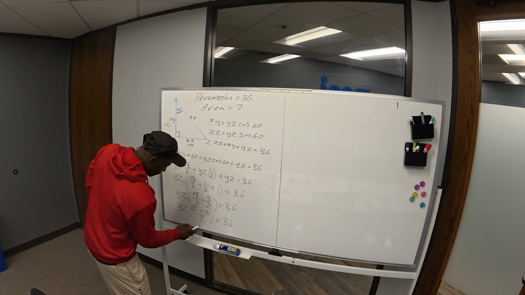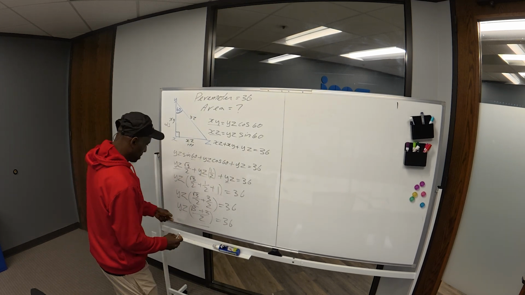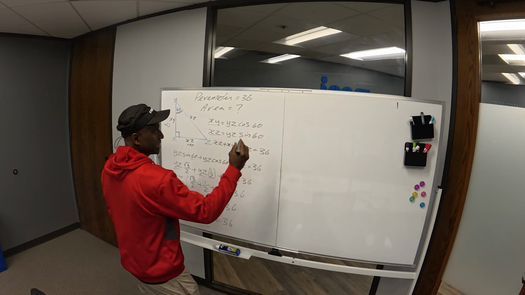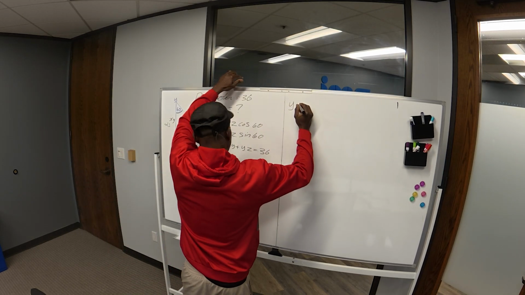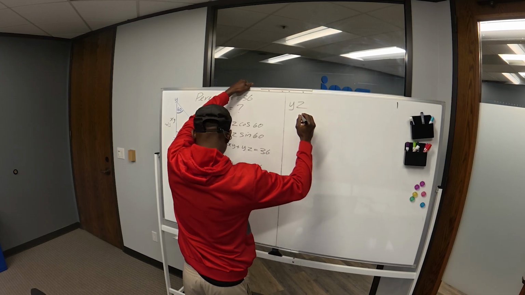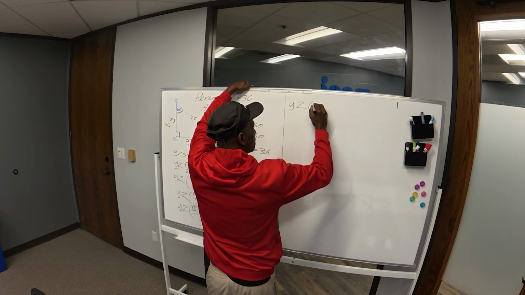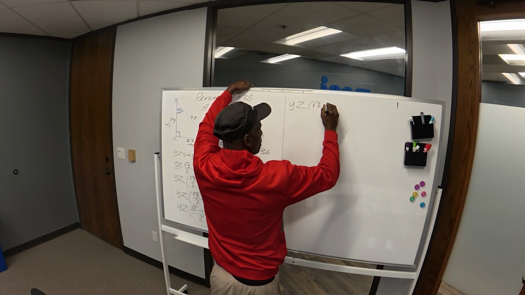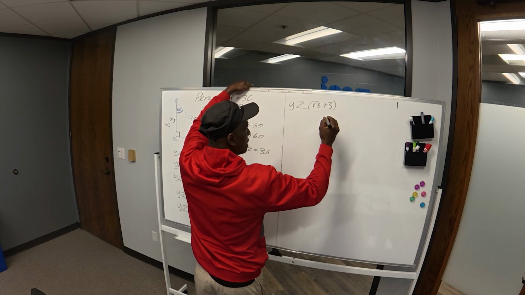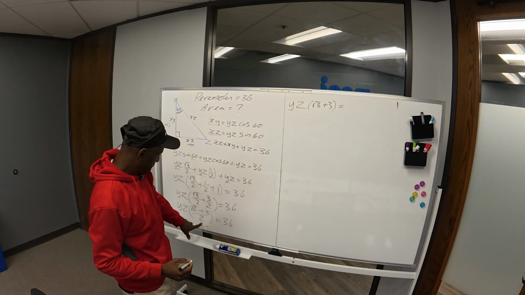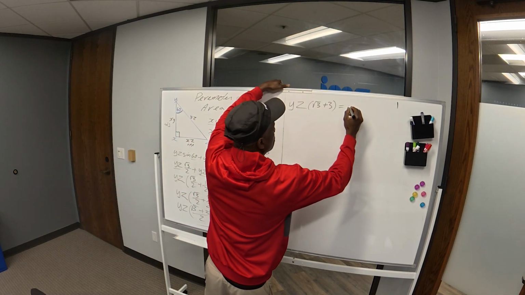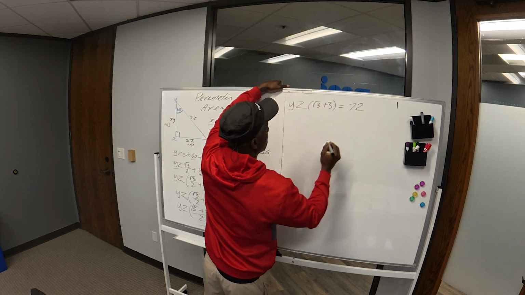So from here, we can further simplify that and say YZ times square root of 3 plus 3 is equal to 36 times 2, which is equal to 72.